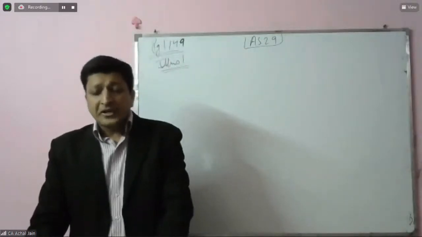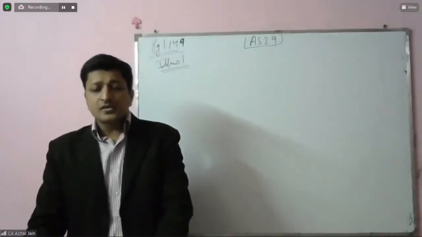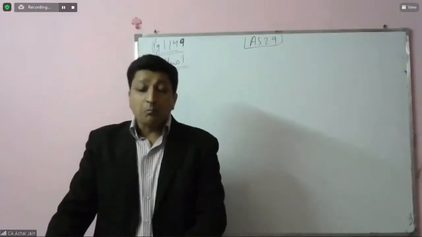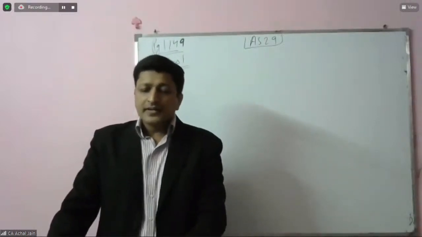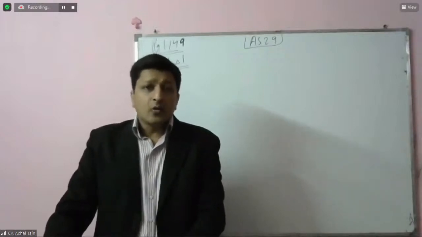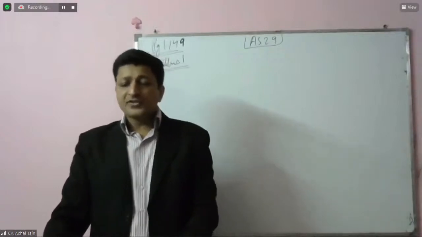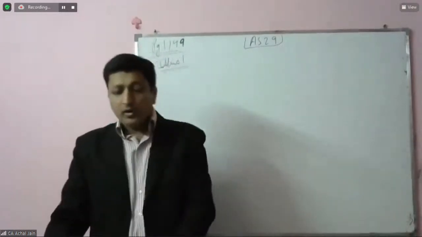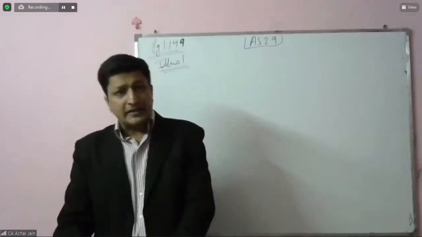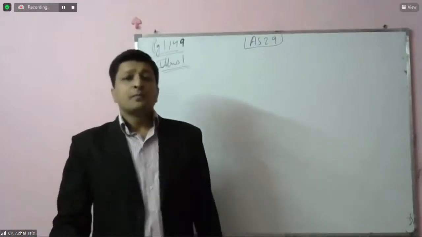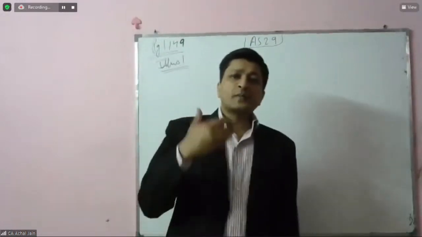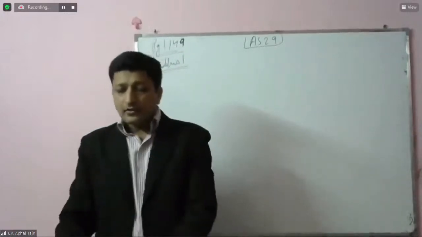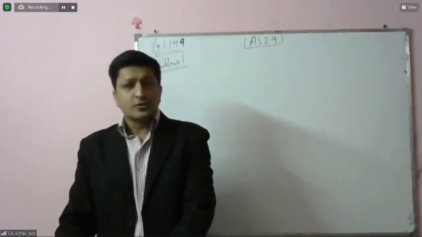At the end of the financial year ending 31st December 20X1, so it's a calendar year, a company finds that there are 20 lawsuits outstanding which have not been settled till the date of approval of accounts by the board of directors.